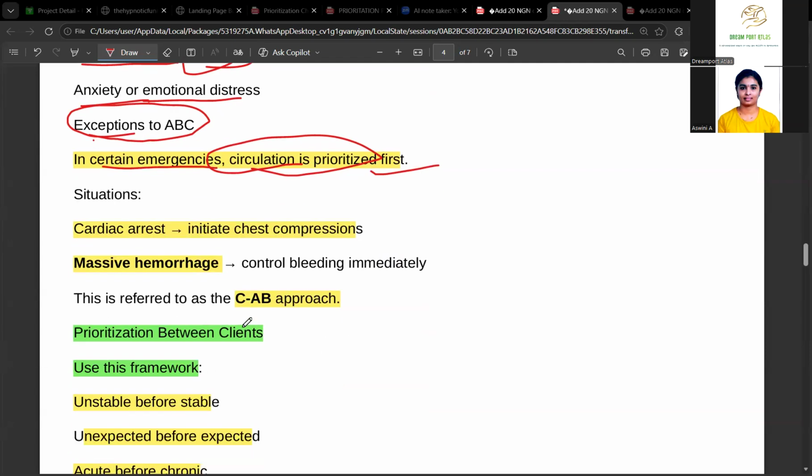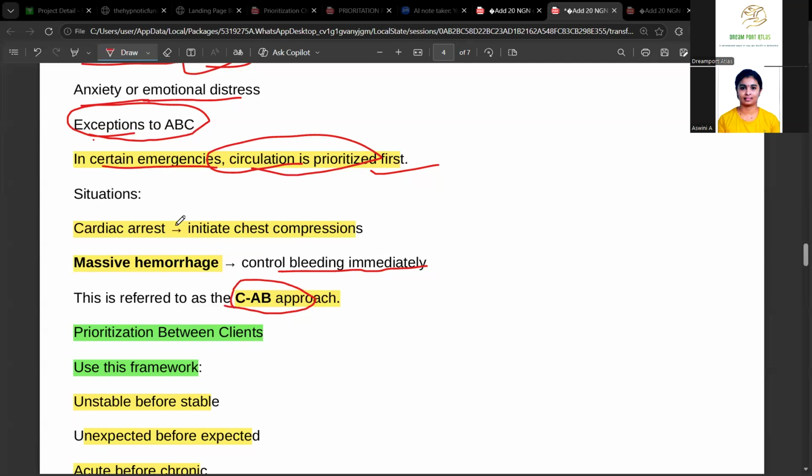For example, in case of cardiac arrest, we need to immediately start chest compressions, and in case of massive hemorrhage, our focus is to control the bleeding immediately. Here we can use the CAB approach: C means circulation, then airway, breathing.